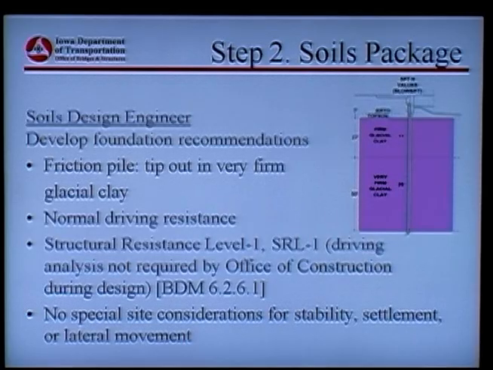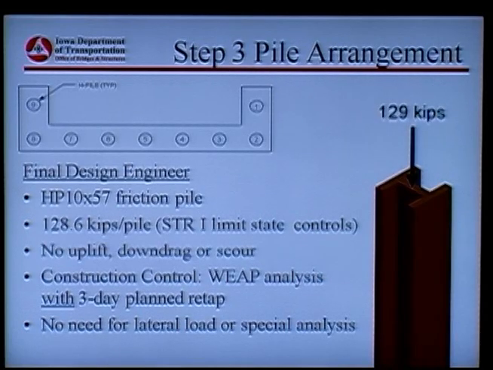Recommendation of the foundation: friction POW, tip in very firm glacial clay, normal driving resistance, structure resistance level number 1, no special site considerations for stability, settlement, or lateral movement. Again, the same as you have in track 1, 9 POWs as a group, 10 by 57.